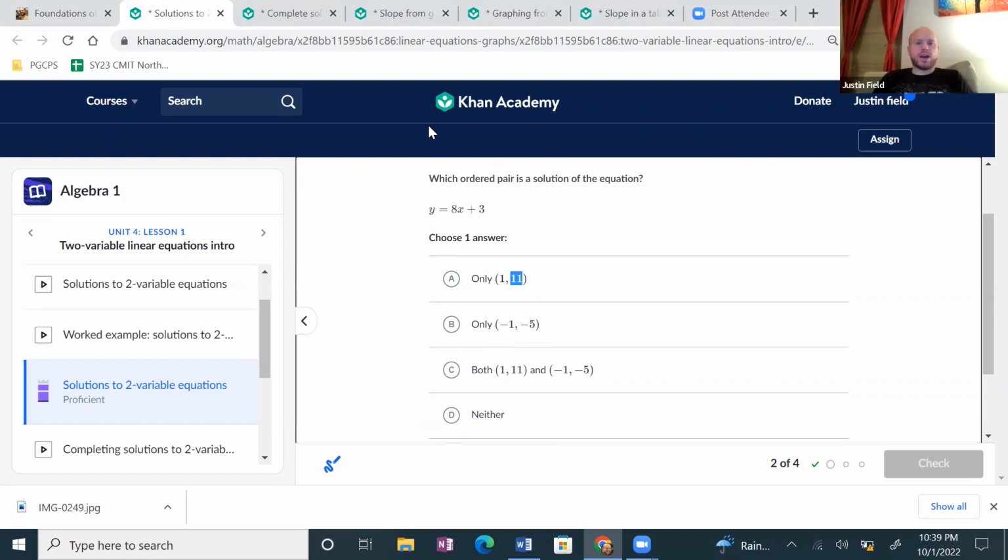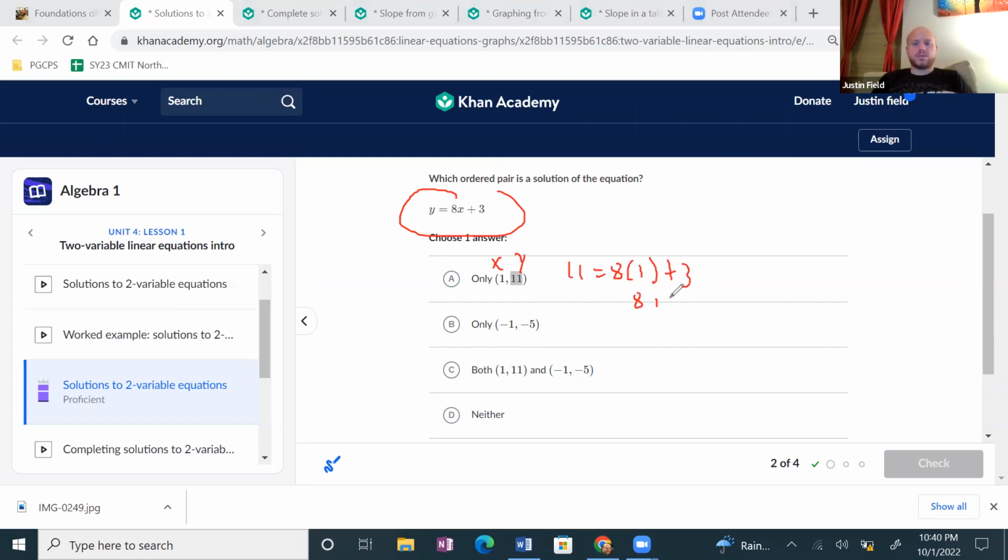How we would figure that out is just substitution. So we take the 11, we know that's a y variable, and the 1 is an x, and we substitute them into our equation. So 11 equals 8 times 1 plus 3. That's 8 plus 3, that's 11. So we know that A works.